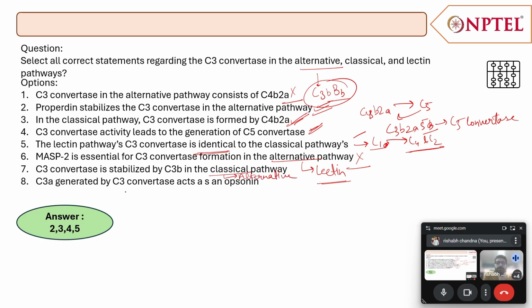C3a generated by the C3 convertase acts as an opsonin. No, it acts as an anaphylatoxin that activates the phagocytes. Okay, so hence options 2, 3, 4, and 5 are correct.